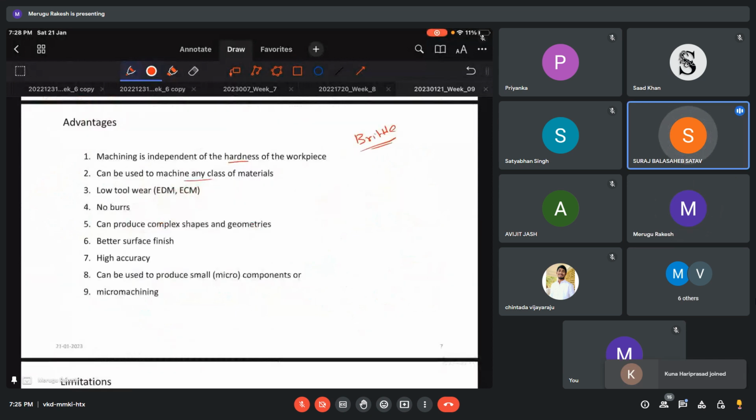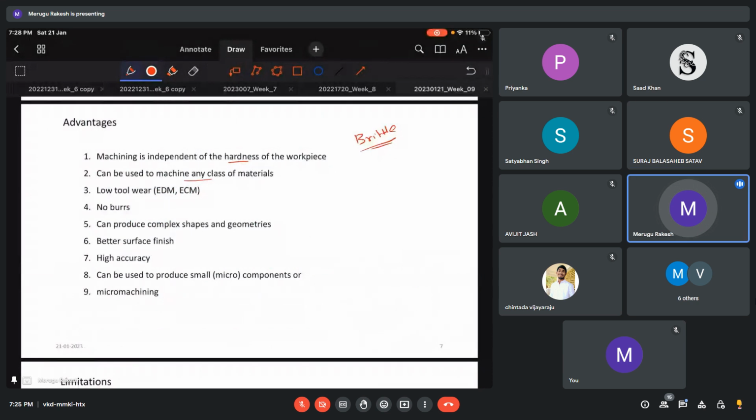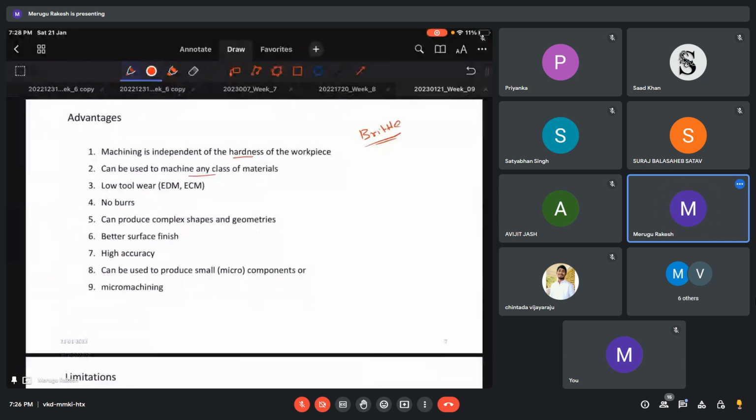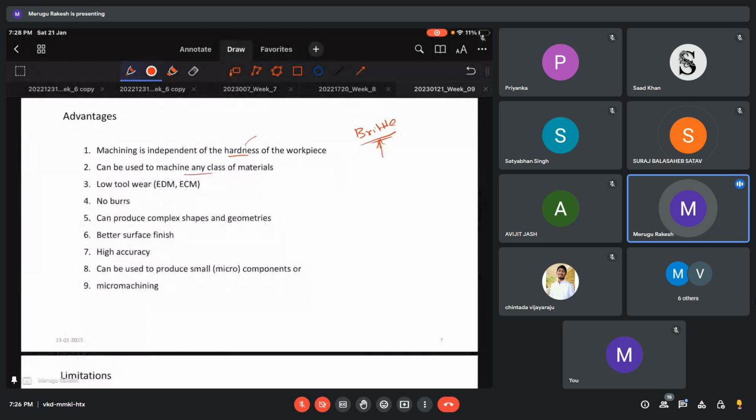Here, machining is independent of hardness of workpiece, but it is dependent on brittleness. So don't be confused between these two: hardness and brittle type of materials. Hardness is the resistance on the surface itself, and brittle means throughout the body, throughout the material.